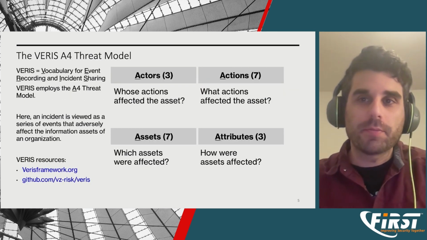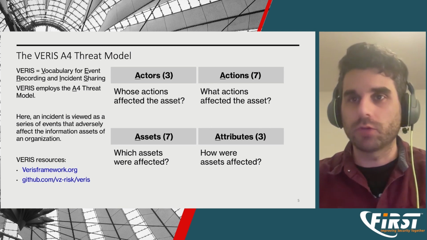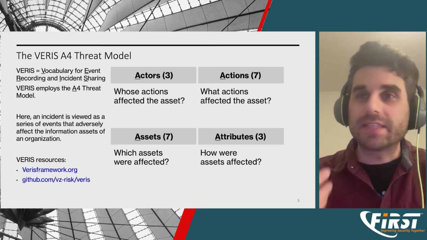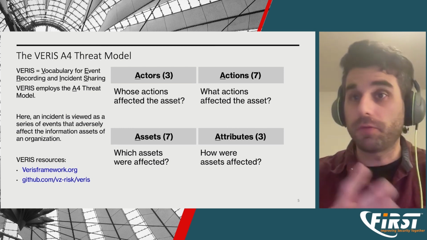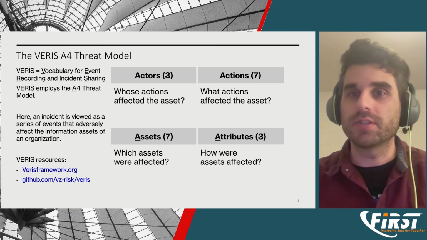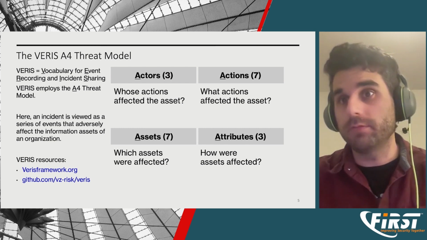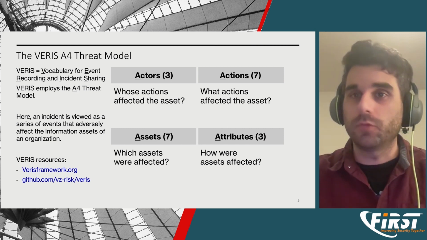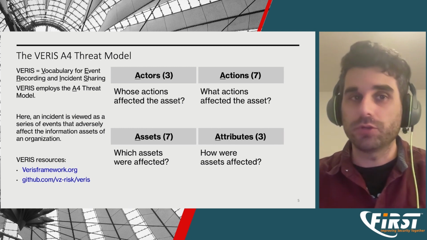When it comes down to what VERIS actually is, I think of it like a language. VERIS is the sentence of a breach. It captures what we like to call the four A's, the four main components of a security incident. The actor, so who did what; the action, what they did; to what, which is the asset; and resulting in what impact, which is the attribute.